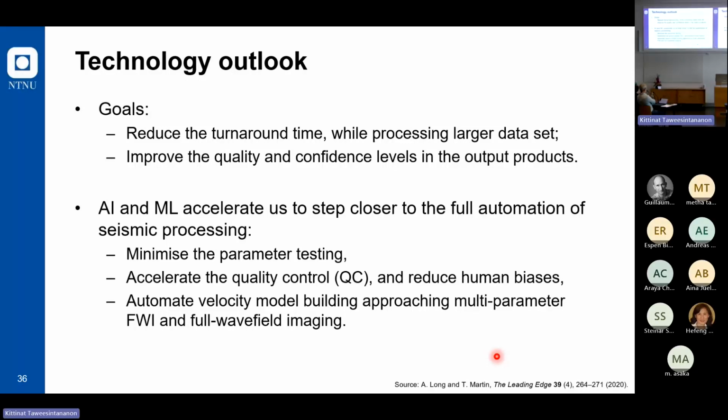So AI, artificial intelligence, and machine learning can help us and accelerate us a step closer to the full automation of seismic processing by these three procedures: minimizing the parameter testing, helping reduce human bias in quality control, and trying to automate velocity modeling.